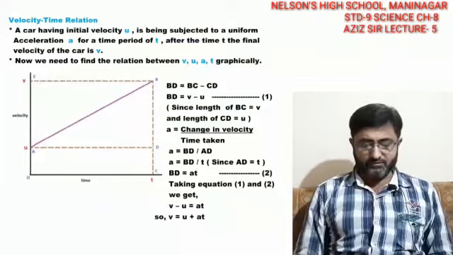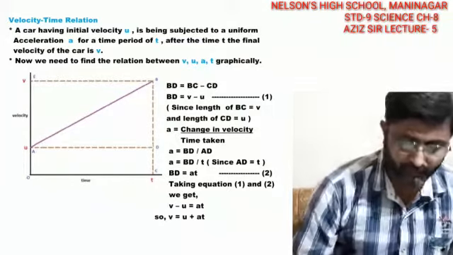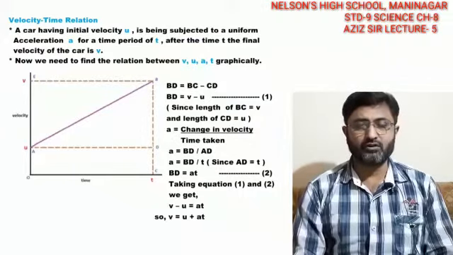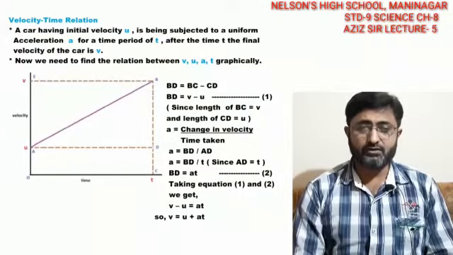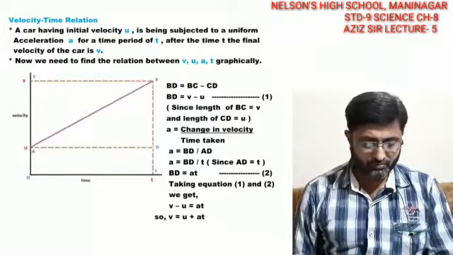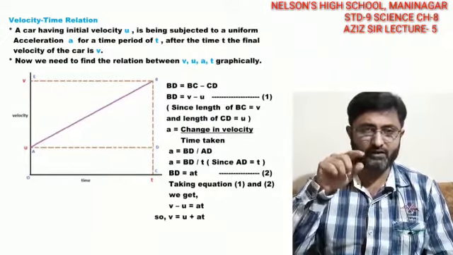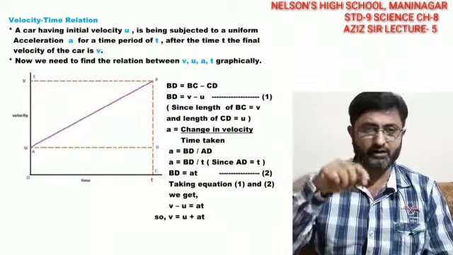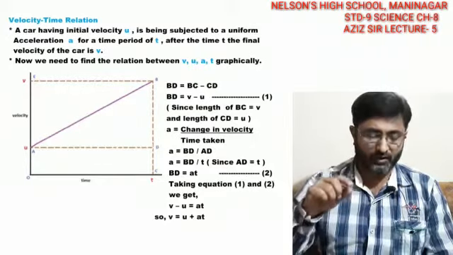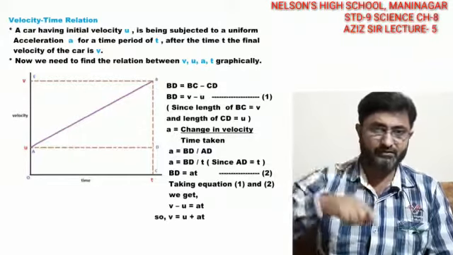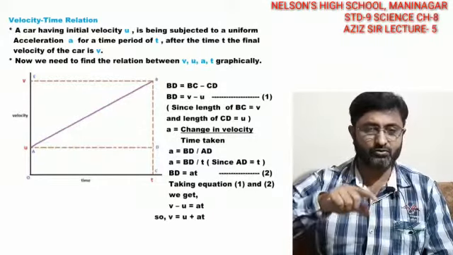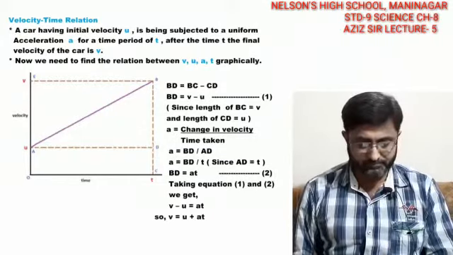As we have drawn the graph, we need to find the quantities v, a, u and t. For understanding, OA as you are seeing on the graph is the initial velocity u, and OE on the same axis is v.